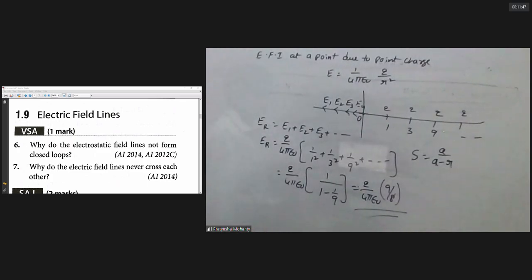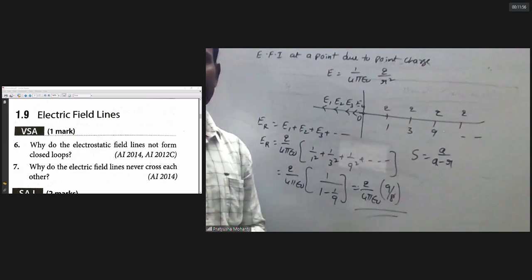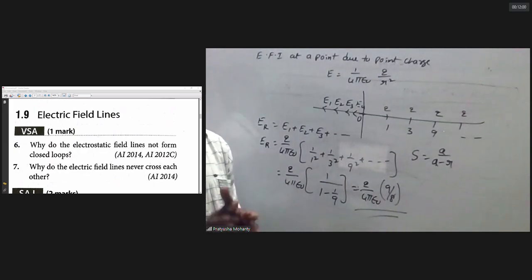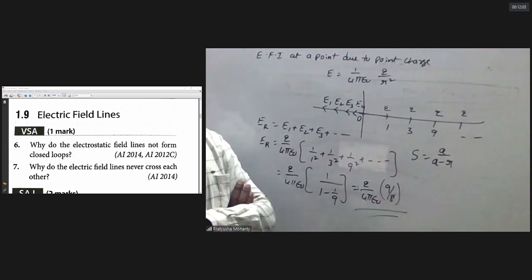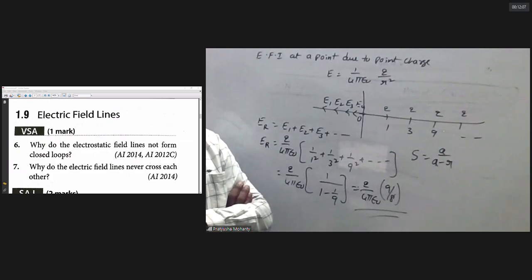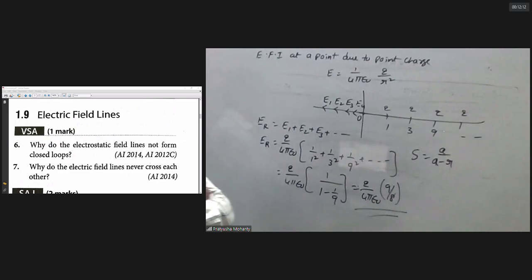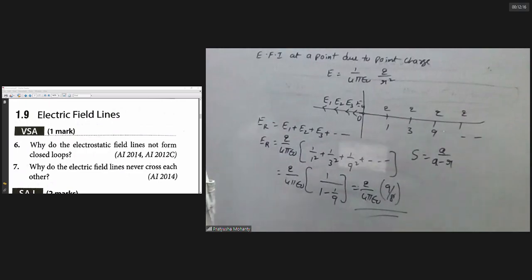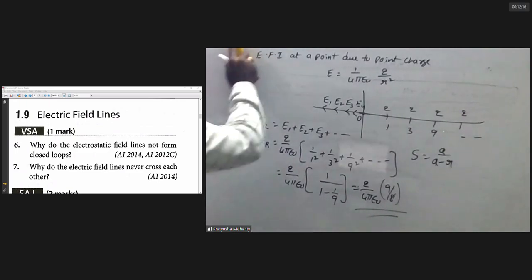Because they start at the positive charge and terminate at the negative charge. Very good.